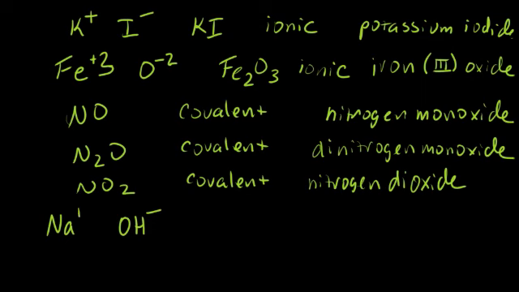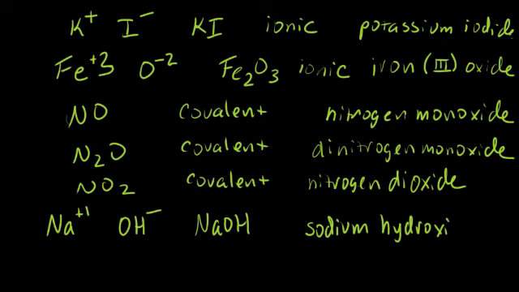Okay, group 1A, that's +1 for sodium, -1 for hydroxide. The formula here is going to be NaOH. And just like before, the cation is going to be the name of the element. And with polyatomics, we're just going to use the name of the polyatomic. OH- is called hydroxide. That's its name. And we're going to use it. We don't change it at all.